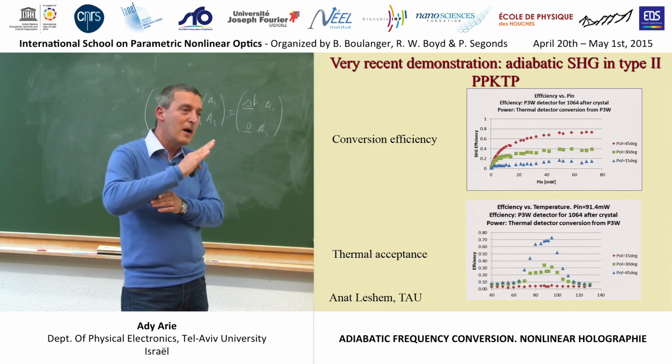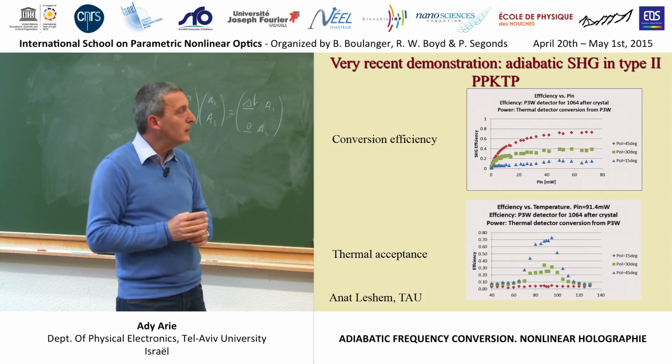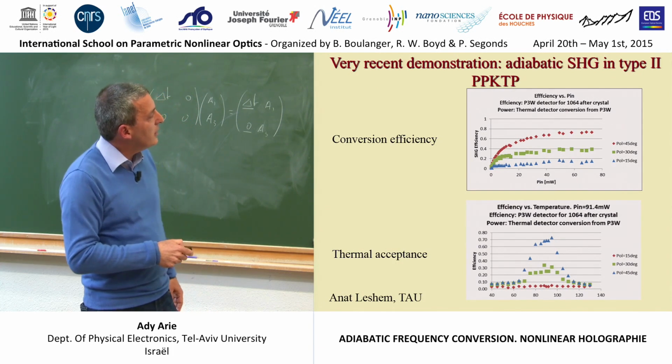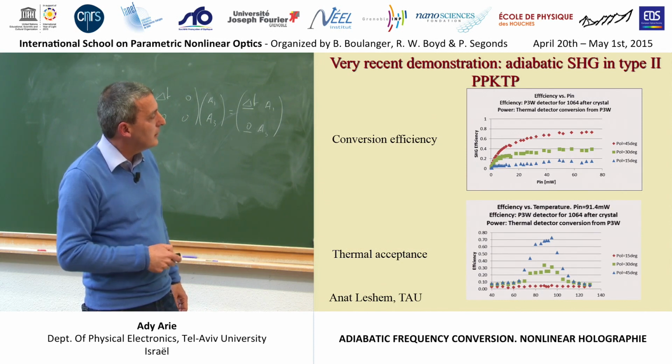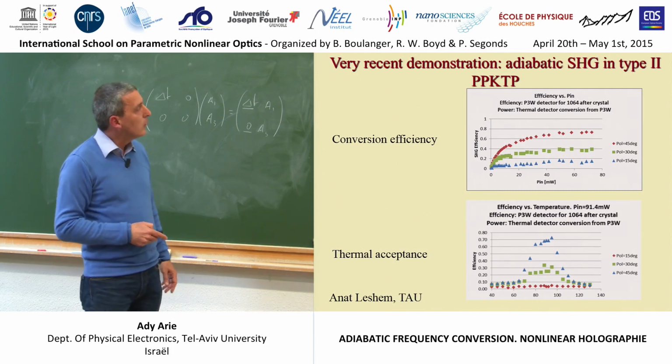And if we go to 45 degrees, then they are equal. So we are at the fully depleted case. We can look at different polarizations, and we can get close to 80% again. And we can also show that it's very robust. We can change the temperature, and the efficiency is almost unchanged.